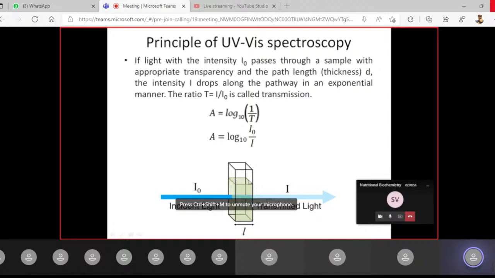In both cases, the sample will absorb light. The light which is passing through the sample is known as incident light. The sample will absorb a certain amount of light and the remaining light will be transmitted. Can you see, actually it is dark here and then it's becoming lighter. Why is this blue color becoming light here? This is darker and why have I shown it light here? What is happening now?